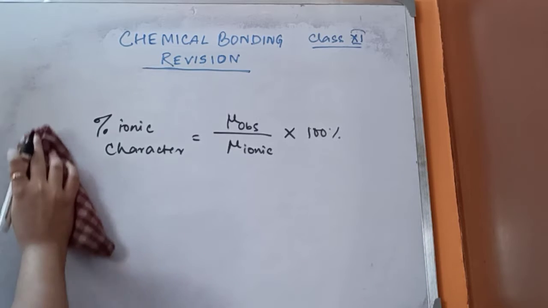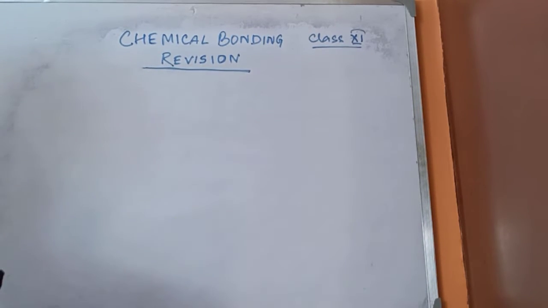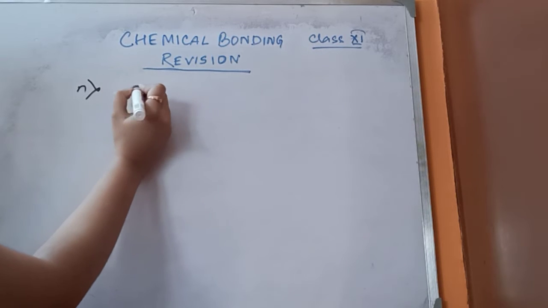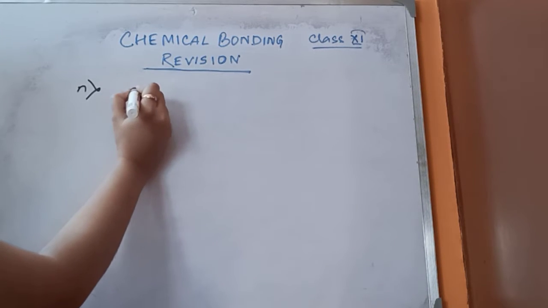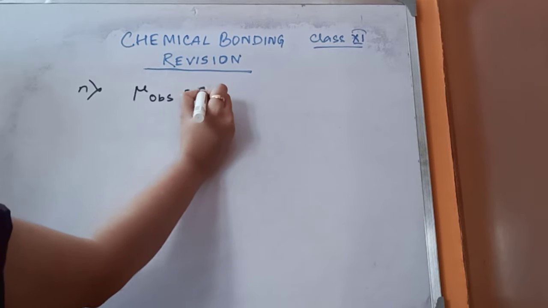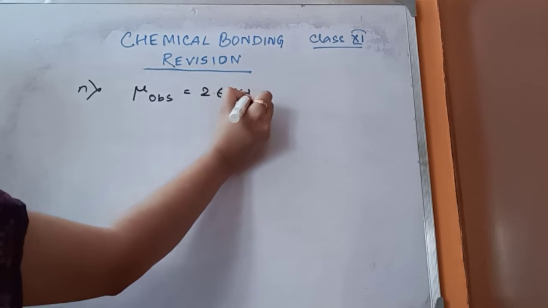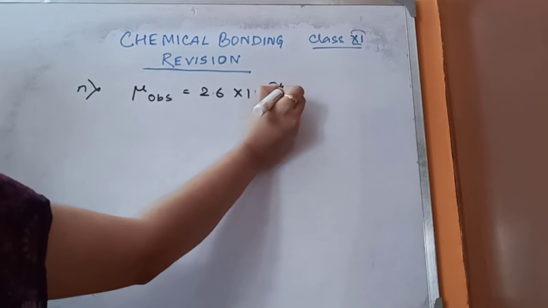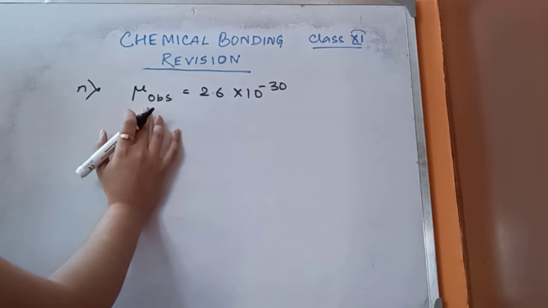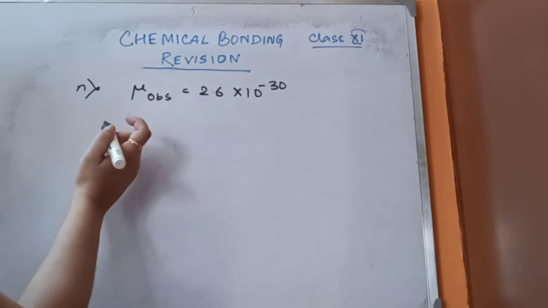Now, in question number N, it is said that the dipole moment of HBr is 2.6 into 10 to the power minus 30. This is considered as mu observed.